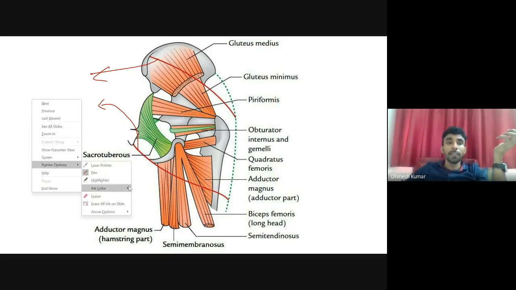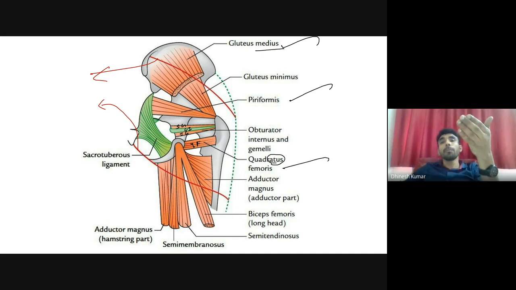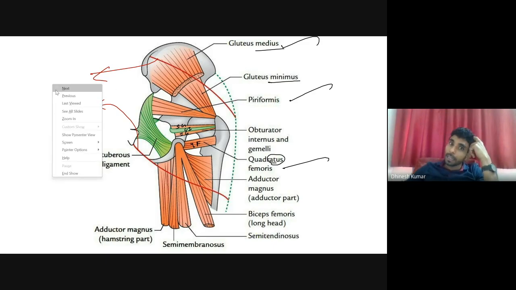Yes, gluteus medius, piriformis, then three small muscles: superior gemellus, obturator internus, inferior gemellus, then quadratus femoris. And deep to the gluteus medius, we have one more muscle called gluteus minimus. So these are the various muscles under cover of gluteus maximus.